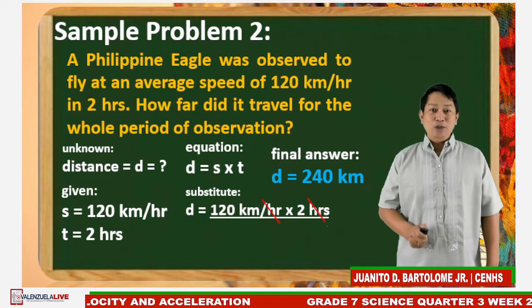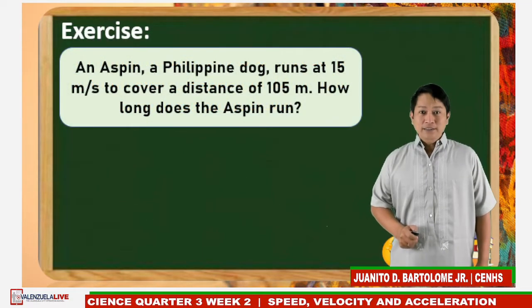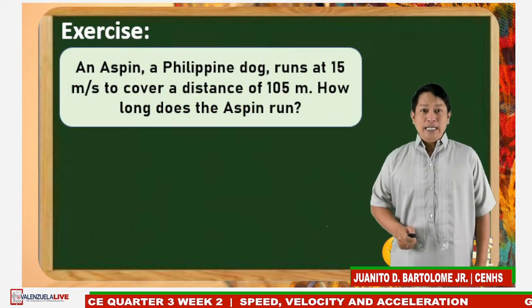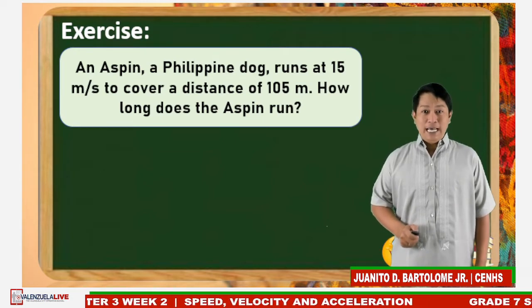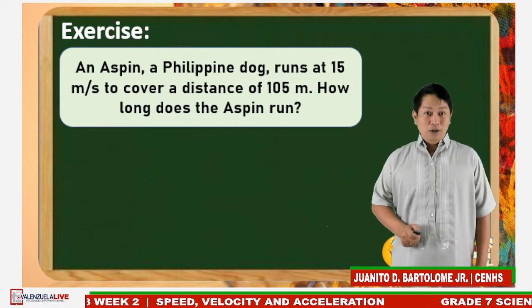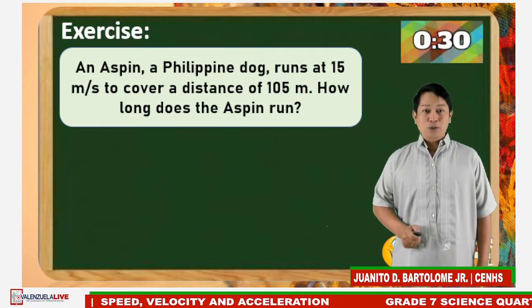Okay, grade 7. Now, it's your turn to answer this problem. An aspin, a Philippine dog, should run at 15 meters per second to cover a distance of 105 meters. How long should it run? I will give you 30 seconds to answer this problem.